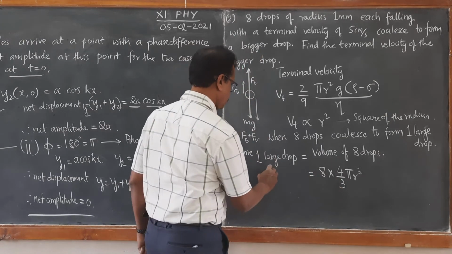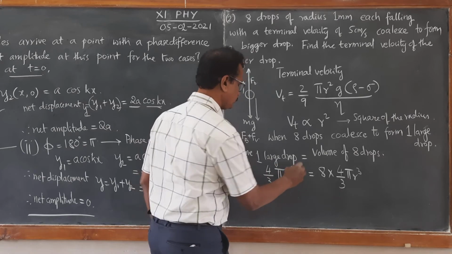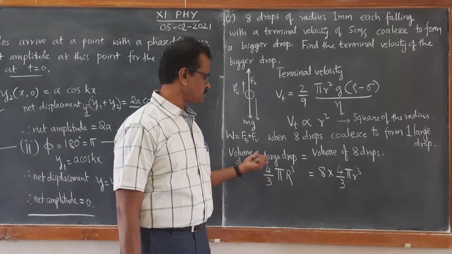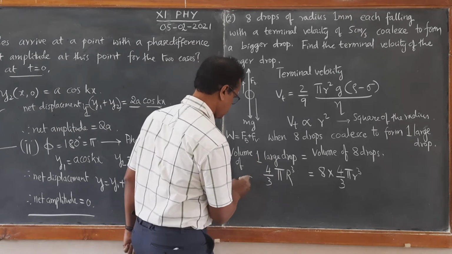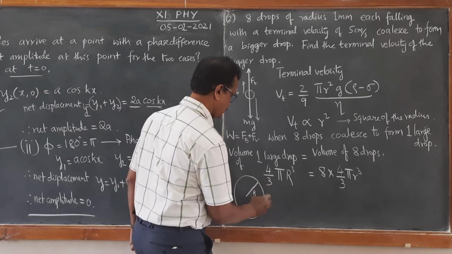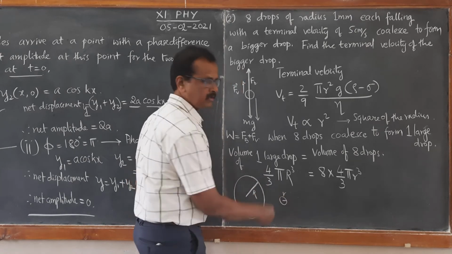It is equal to 4/3 pi r cubed, where I have taken capital R as the radius of the large drop, and small r as the radius of the small drop.